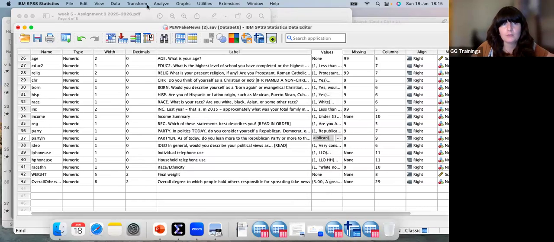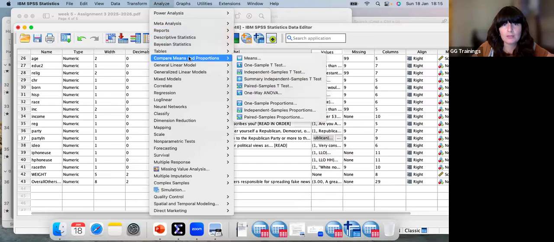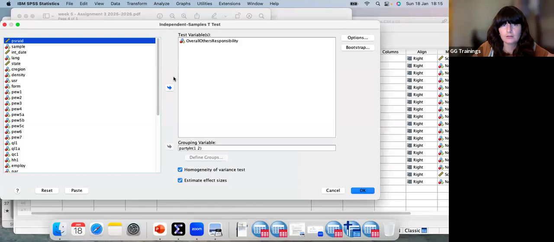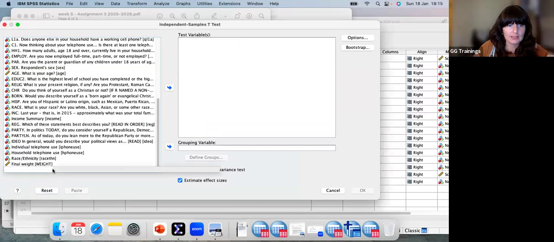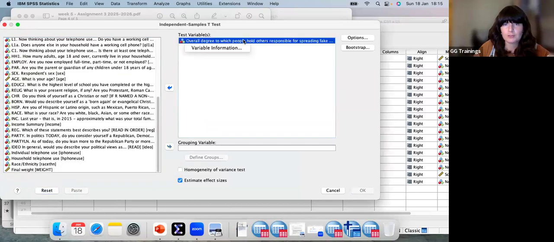So when we run it, we'll go Analyze, Compare Means and Proportions, Independent Samples T-Test. Okay, I'm going to reset this. Your test variable is always the dependent variable, which in this case was the variable you created, overall responsibility.